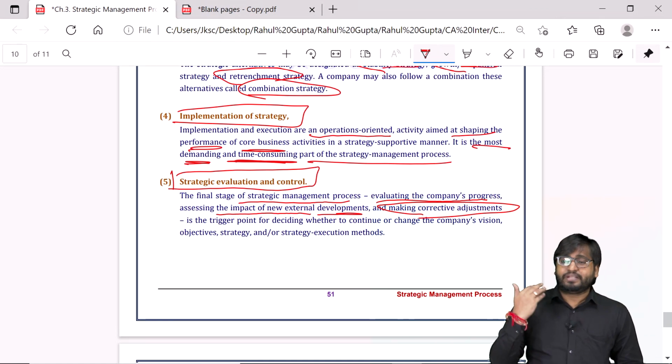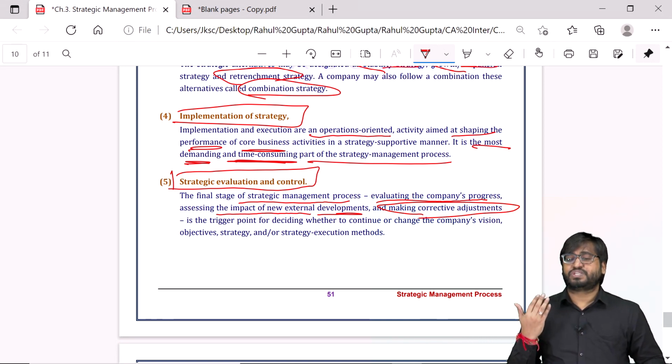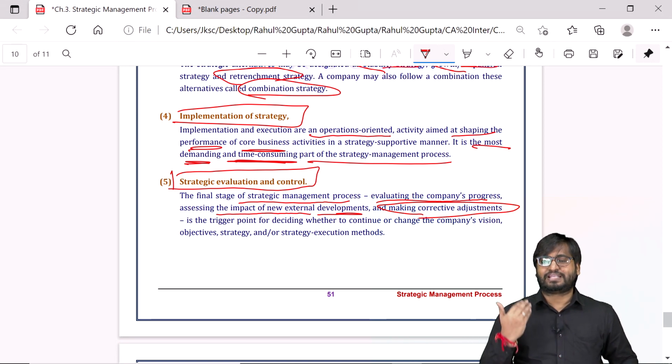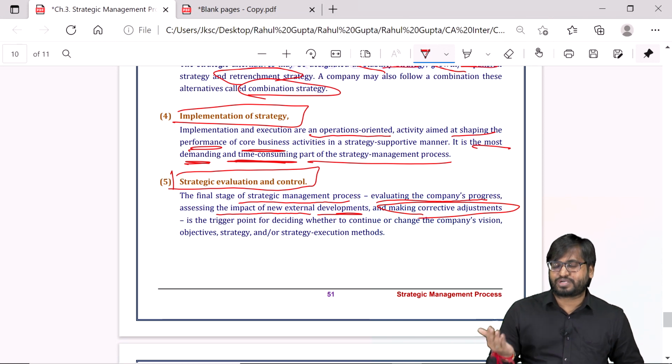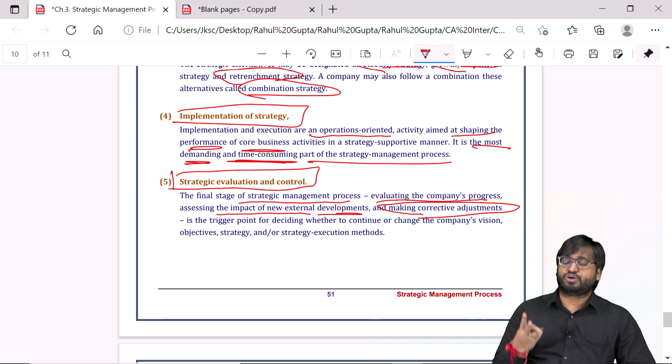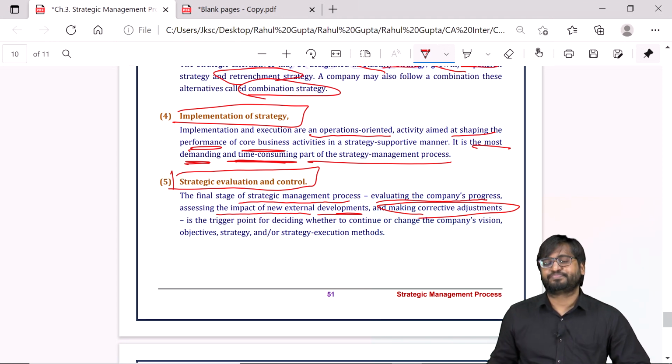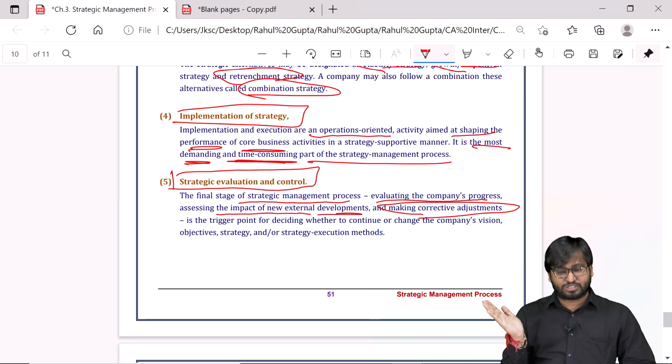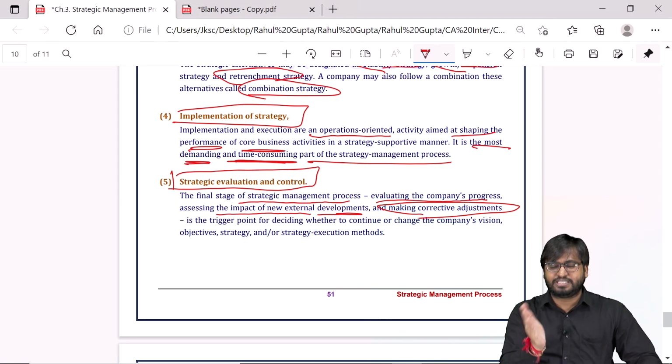So just to sum it up, what we have studied: strategic intent, the elements of strategic intent. Then we discussed vision, mission and goals and objectives in detail.